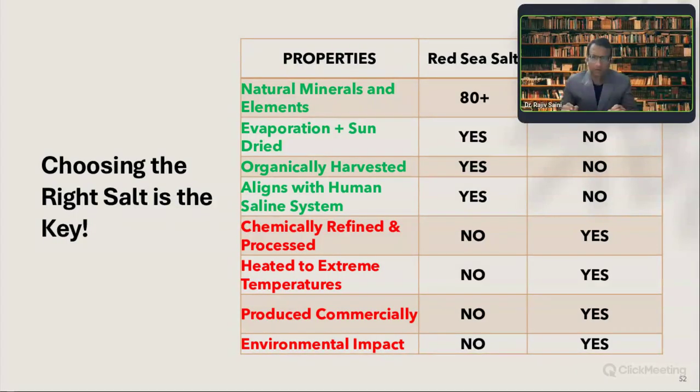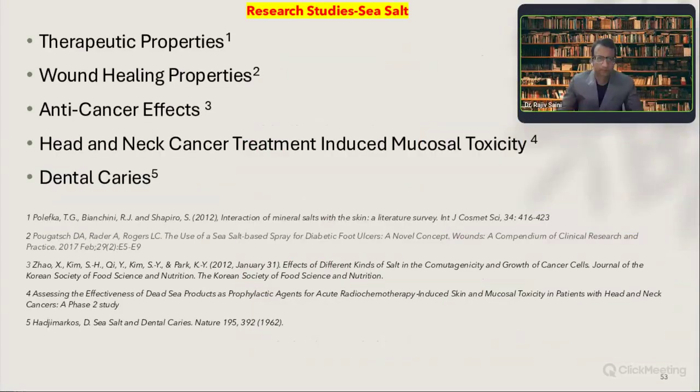That's very critical when we talk about compatibility with the human body and the human healthcare system as a whole, down to the cellular level. Even at the molecular level, these salts are very much compatible with human health, and they are not produced commercially and don't have any environmental effect, unlike table salt that is produced commercially in the marketplace.